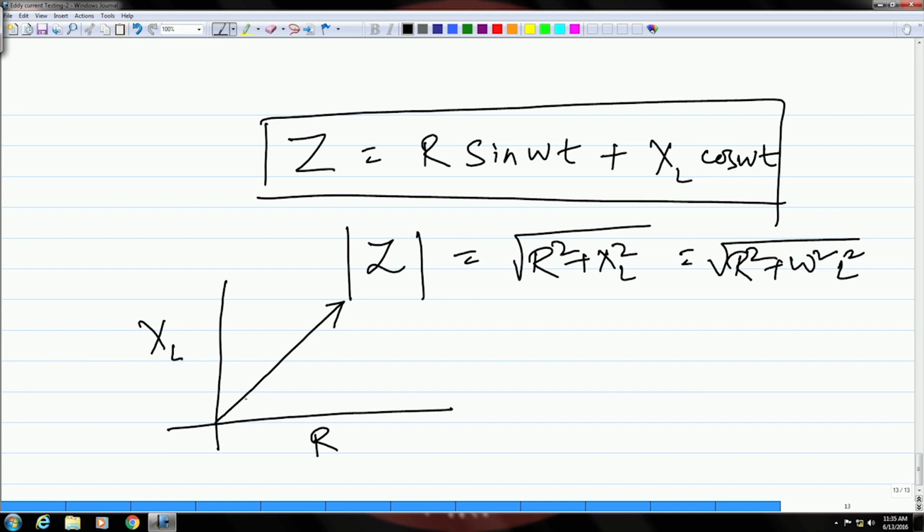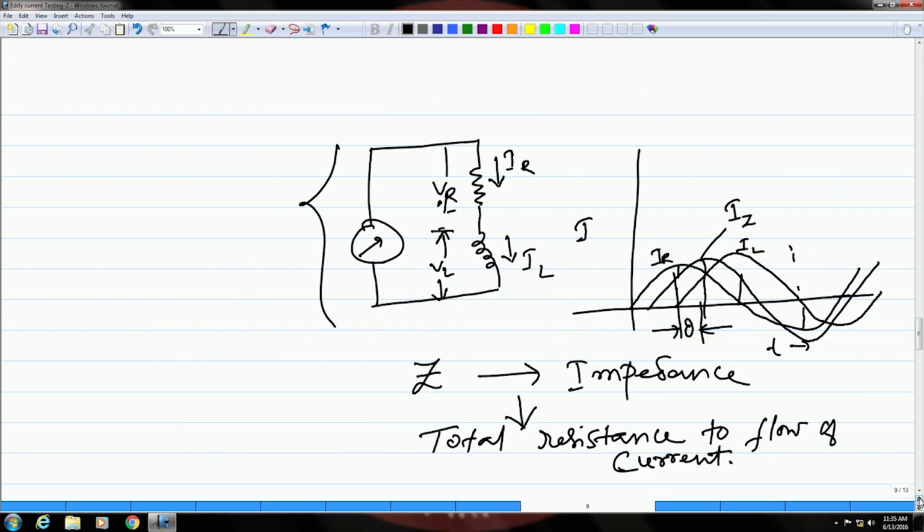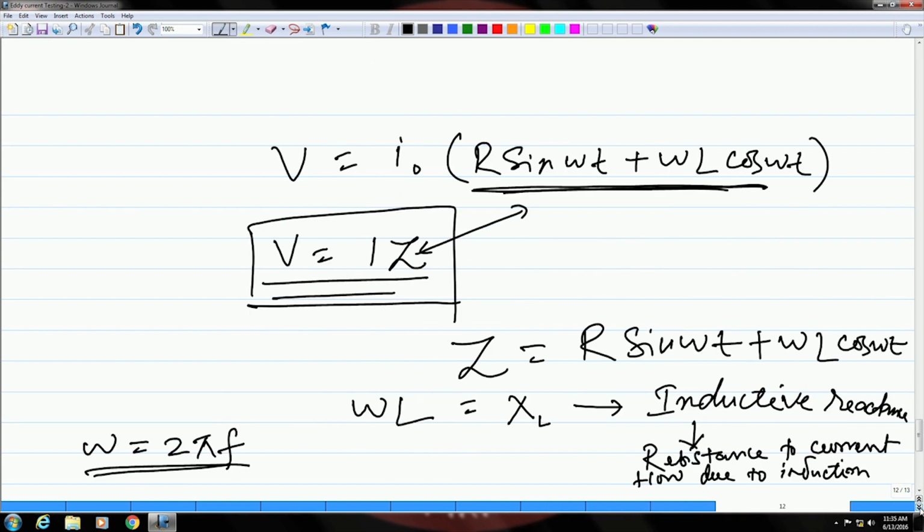And this is the phase lag, or the phase angle, that we talked about before, if you remember, which is here. This phase lag between the impedance and the resistance, you can see here also.